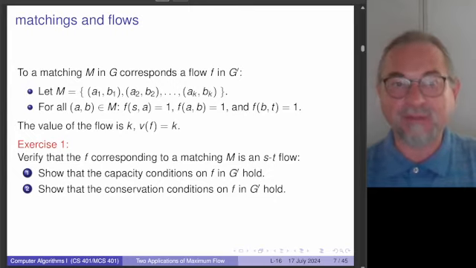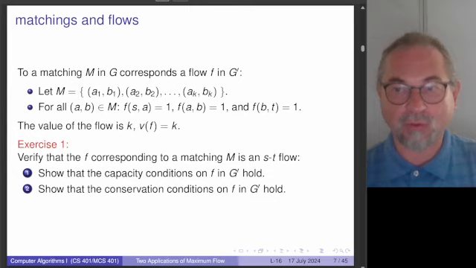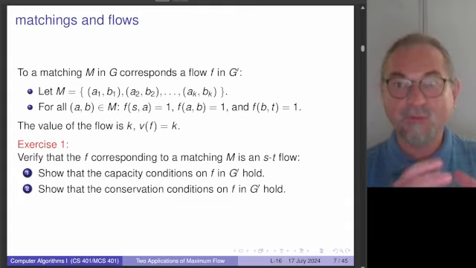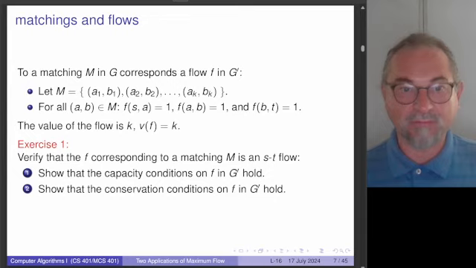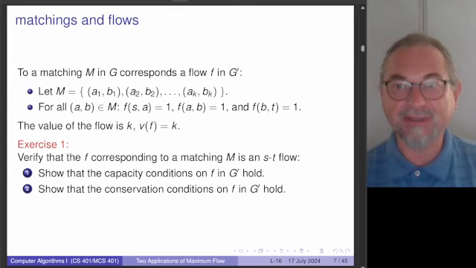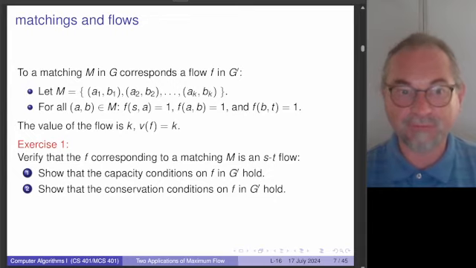Now we have to show that the capacity conditions are holding. What is a capacity condition? Well, the flow is bounded by the capacity of the edge. The flow that you assign is at most 1, and all the capacities are 1. So the first point of this exercise is therefore solved.